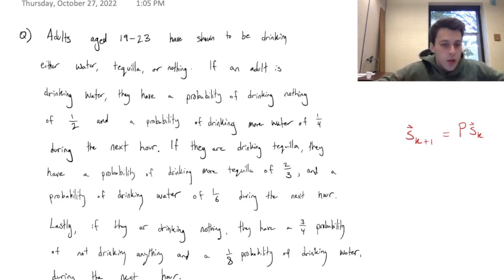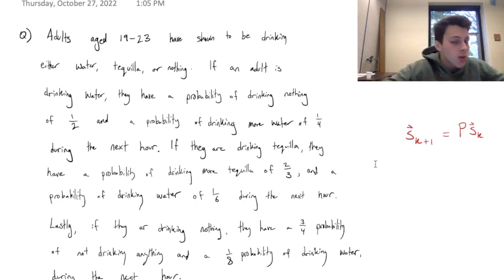If an adult is drinking water, they have a probability of drinking nothing of 0.5 and a probability of drinking more water of 0.25 during the following hour. Breaking that down, if they are currently drinking water, these are the probabilities that they will go from drinking water to drinking water again the next hour, or drinking nothing the next hour.